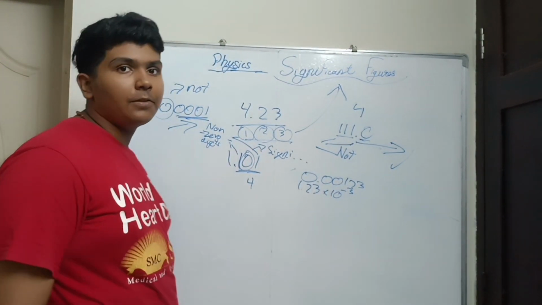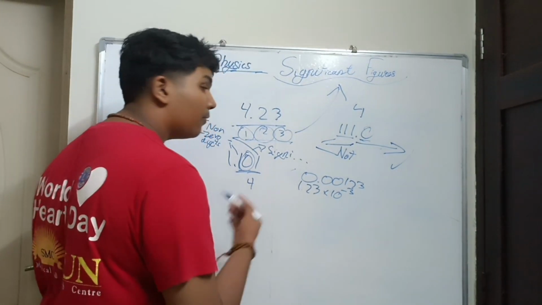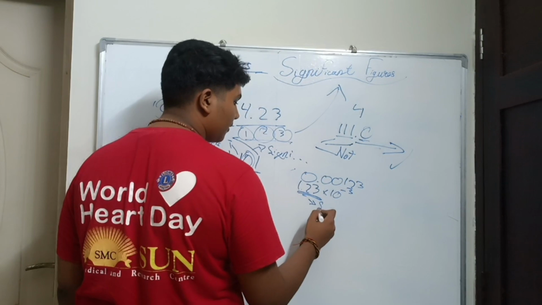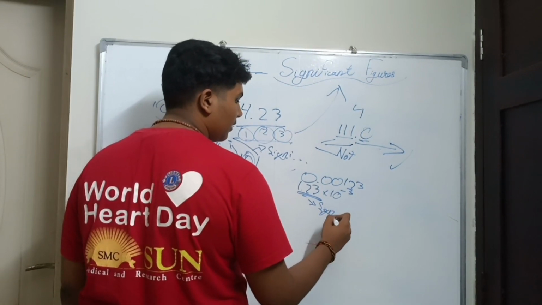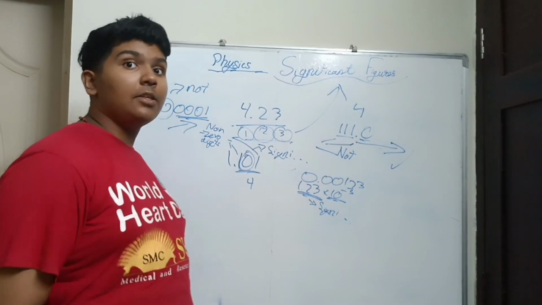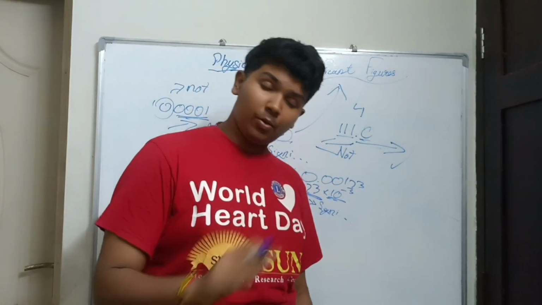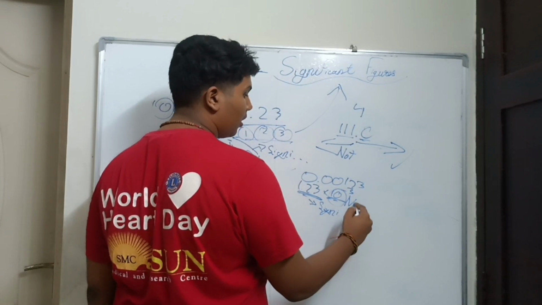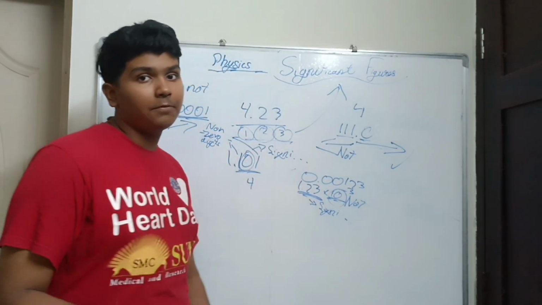So how many significant figures are there? In this case, we take 1.23 as significant. The 10 raised to minus 3 or minus 2, the exponential part, we don't take as significant figures. So it is not considered significant.